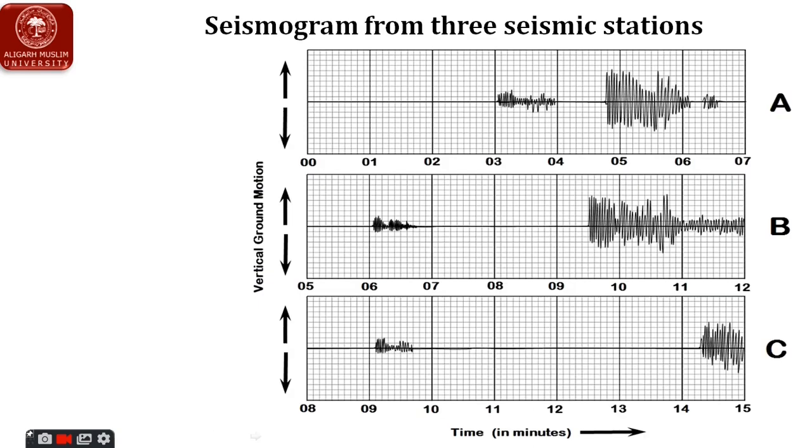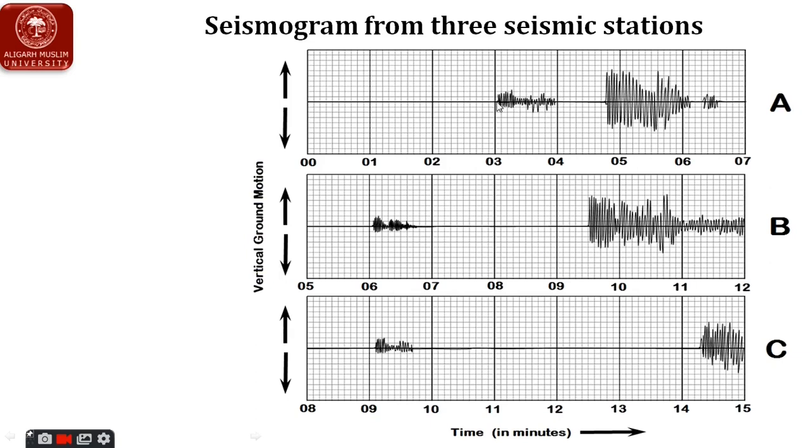Now here is the seismogram from the 3 seismic stations A, B and C. In each of these seismograms, the x-axis represents time in minutes and the y-axis represents vertical ground motion, or the amplitude of earthquake vibrations. Here we can see that there are 2 different clusters of vibrations.